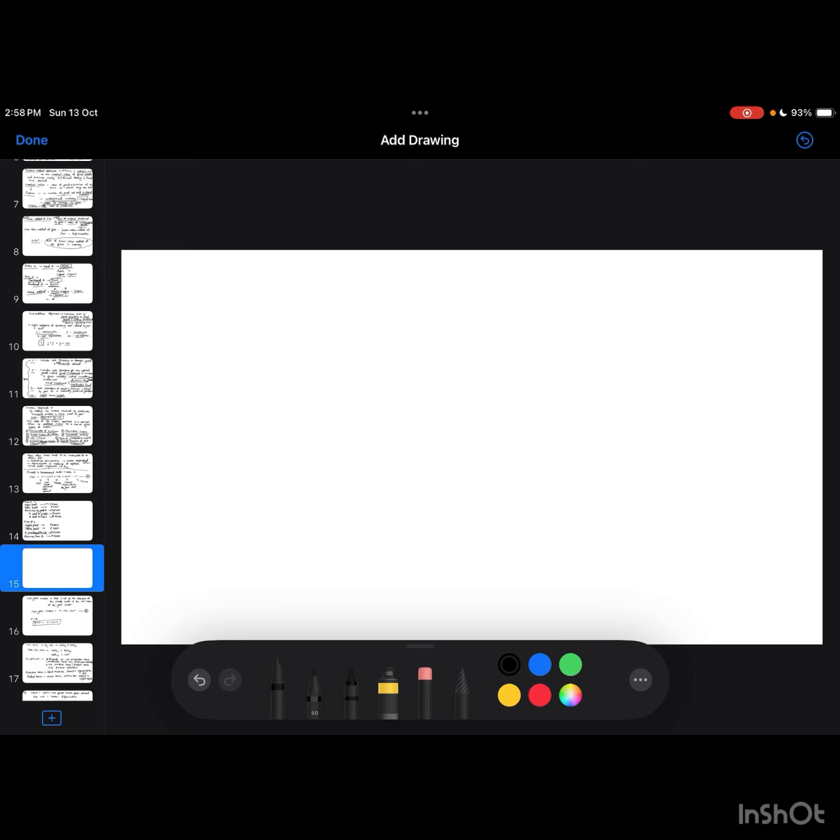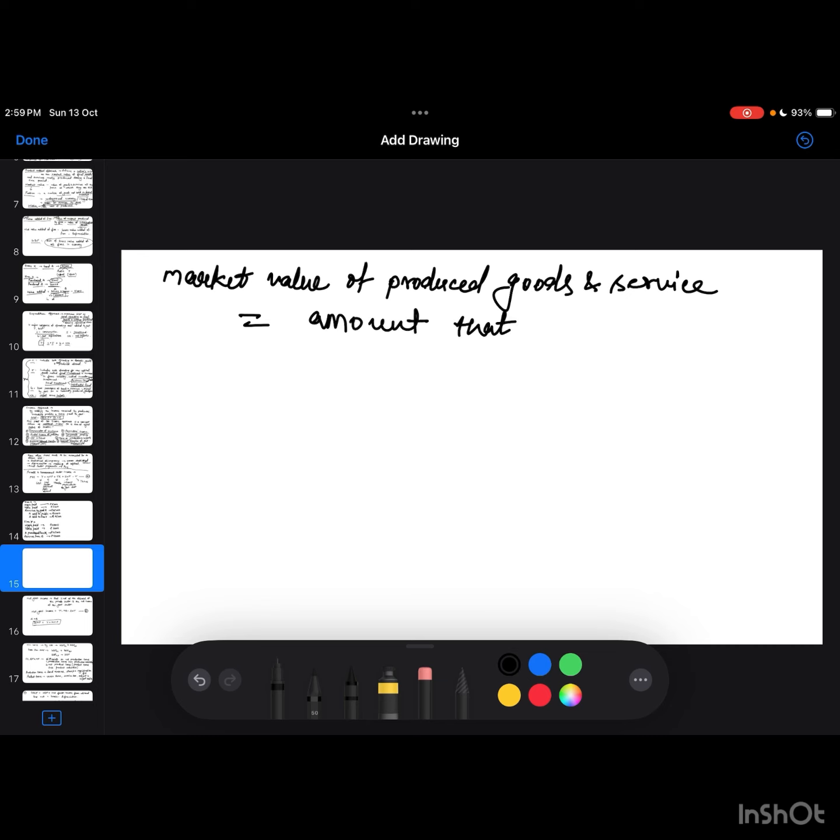It is because the market value of produced goods and services will be equal to the amount that buyers must spend to purchase or buy these goods.